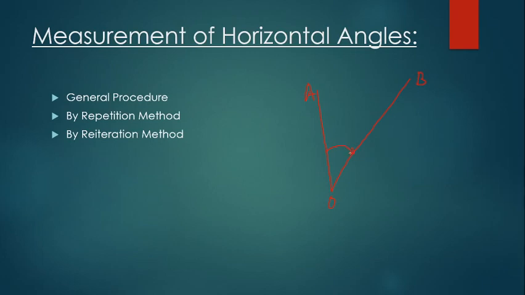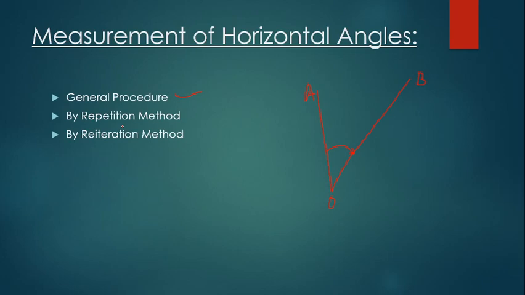We have to sight the ranging rod at station A with the zero reading of vernier A coinciding with the main scale 0, and then we release the upper clamp and turn the telescope towards B and observe the reading once. This is completed with face left, and the same is repeated with face right, and then we take the average angle, that is called the horizontal angle between the two lines. This is about the general procedure.